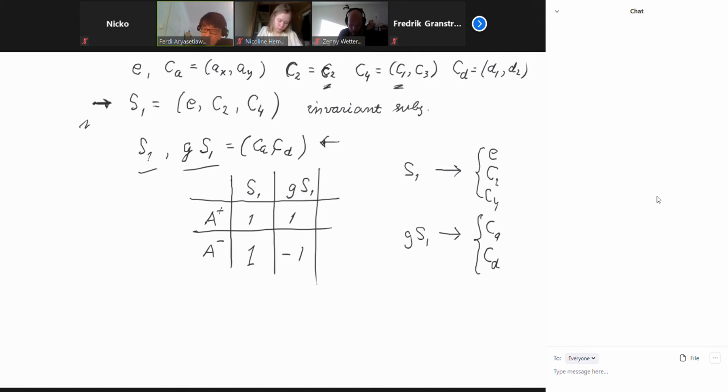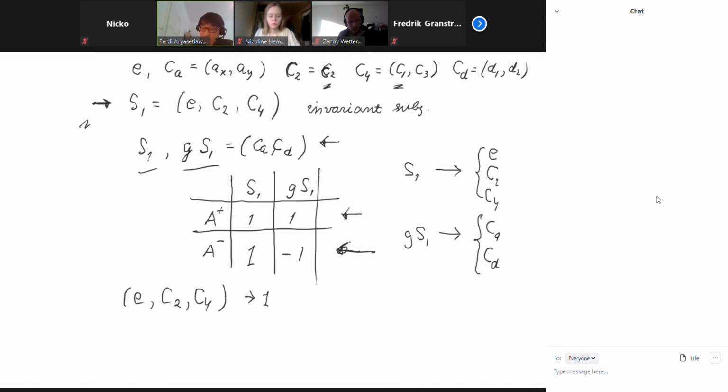So this means that, for example, the first one is not interesting because that just gives me the identity representation, because all elements are represented by 1. So it's not interesting. We already know that. What's interesting is this one here. We can make use of that to represent E, C2 and C4. So that's the S1, by 1.